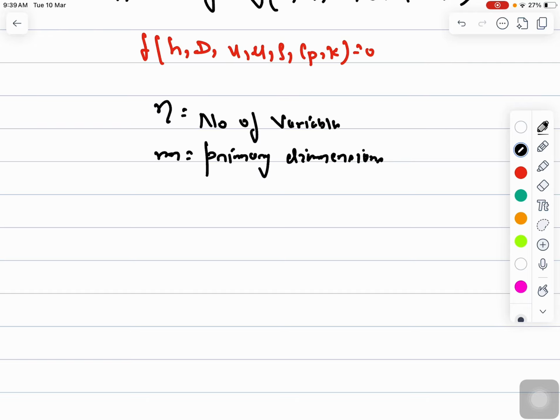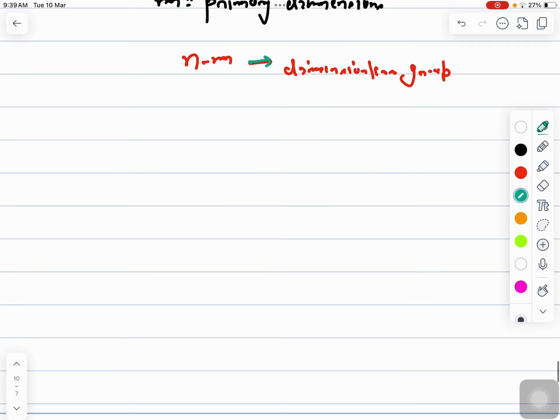So basically what you can say here is that the system can be equivalently written in terms of n minus m dimensionless groups. So from here you can form n minus m dimensionless groups. How you can form n minus m dimensionless groups, I'll tell you. Just try to understand with the help of an example.